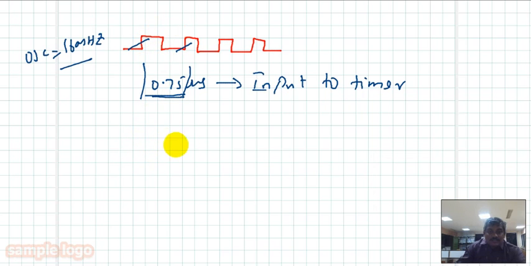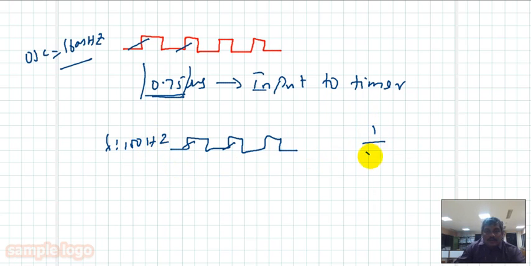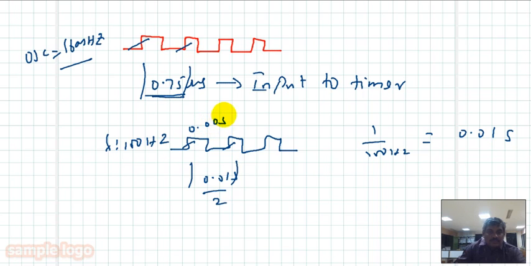Then you are going to generate the square waveform, and this frequency is given. The remaining things are the same as the previous question, and this frequency must be 100 hertz. 1 upon 100 hertz is the time, which is 0.01 second. So the duration of one pulse is 0.01 second, and divided by 2, this will be 0.005 second.